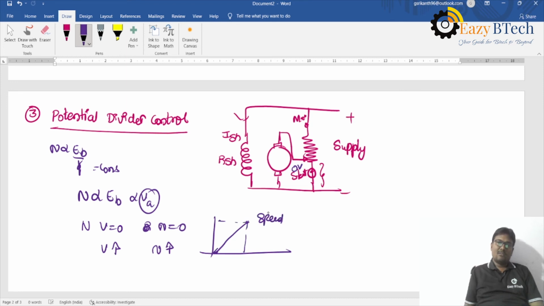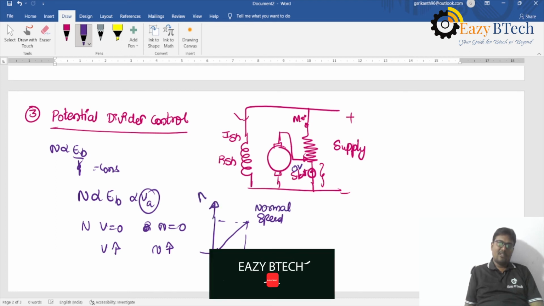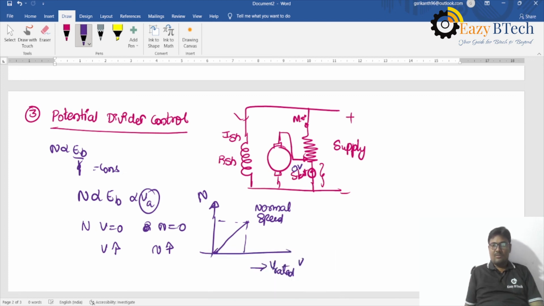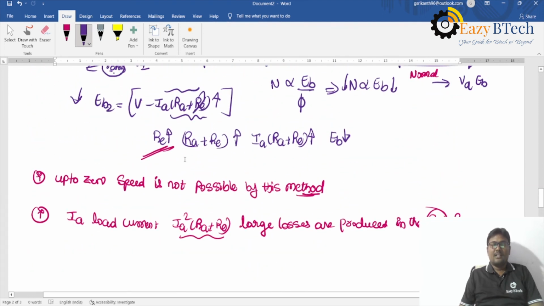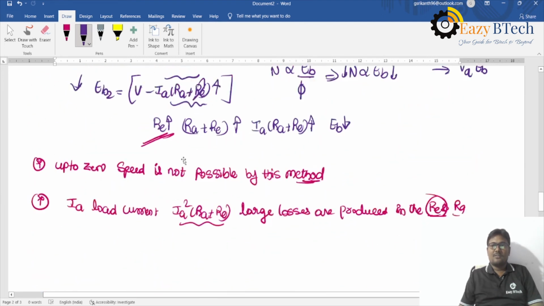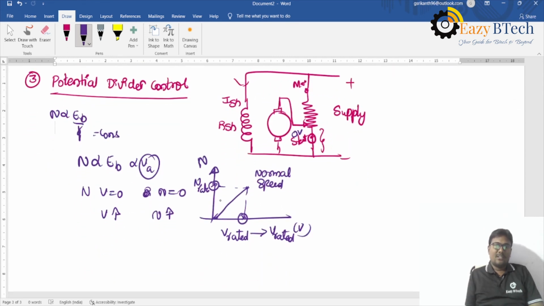This is the normal speed. If you draw the curve between speed versus rated voltage, this is called the rated speed, or rated speed corresponding to rated voltage. So observe that zero speed is also possible by varying this field rheostat.